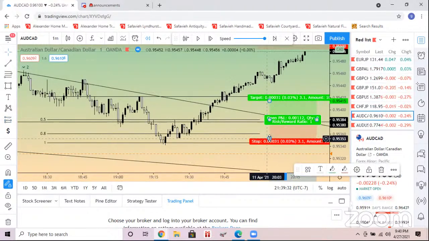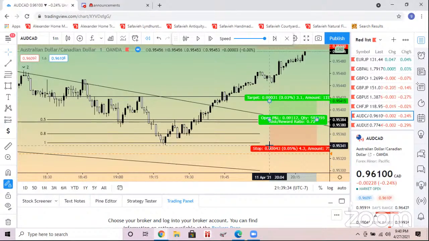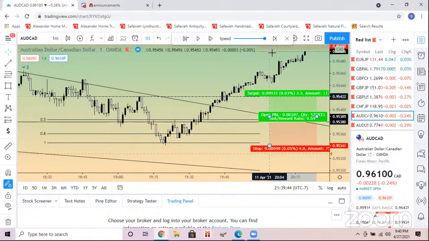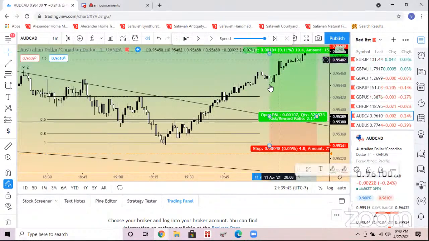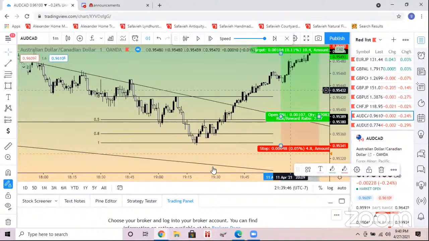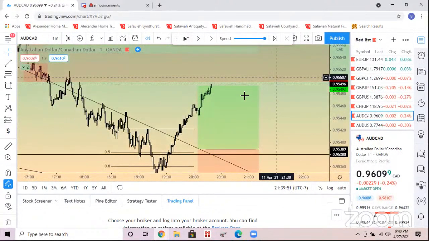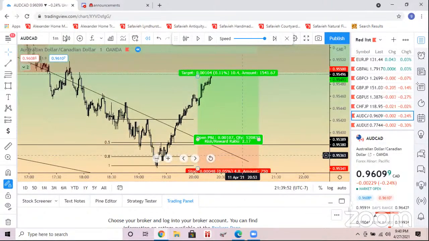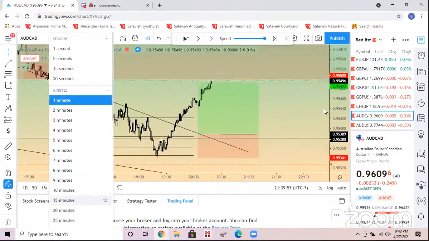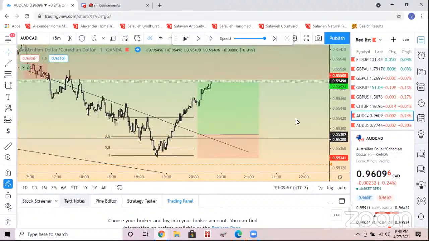Pips would this be? 4.3 and then adding spread. Probably like that. So that would be our stop loss, 4.8 about. And let's see where we're at.